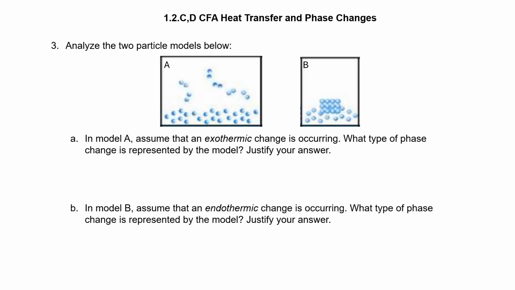Here you have two particle models that we needed to analyze. In Model A, assume an exothermic change is occurring. What type of phase change is represented by the model? Then you need to justify your answer. So we see a bunch of particles here at the bottom. They do not seem to be in any organized fashion.